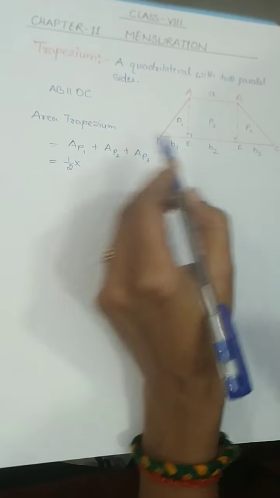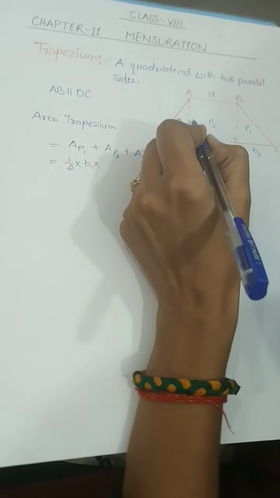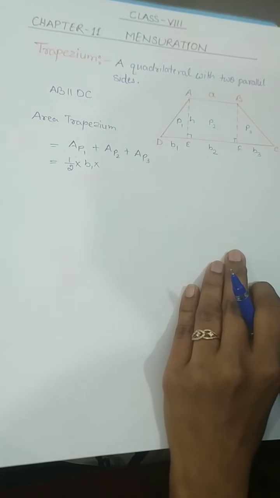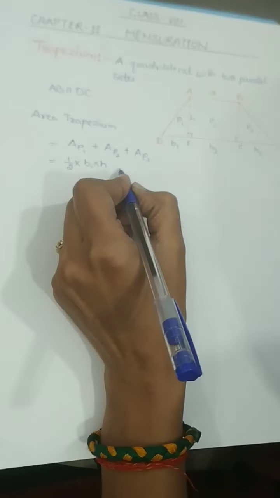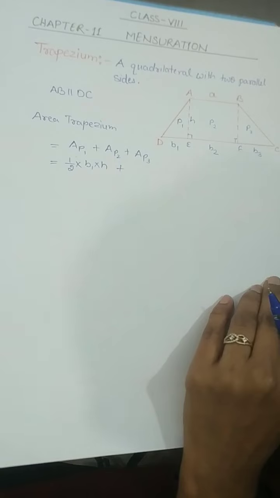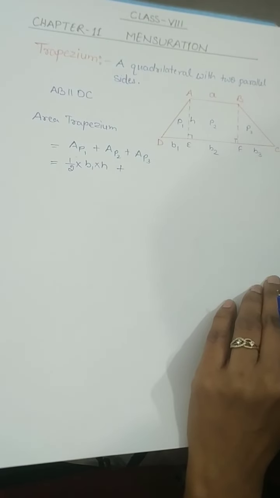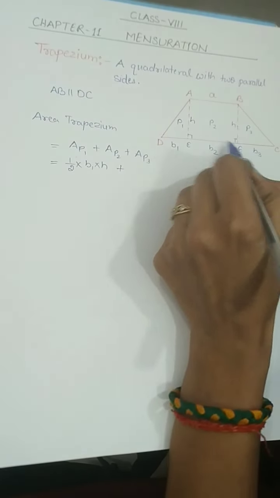Here the base is B1, and this length is the height. Suppose I am giving it the symbol H. This is the area of part first, plus the second part is rectangular, and we know the area of a rectangle is length into breadth. What are the length and breadth here? This height is the breadth, and this one is the length.